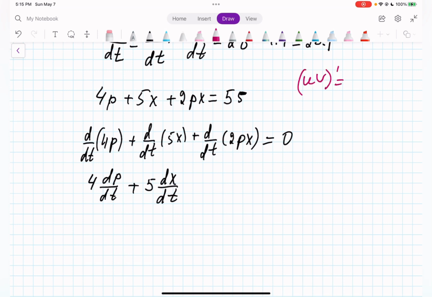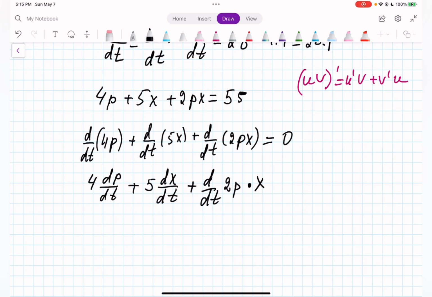Instead of prime, I'm going to use d by dt. So we get plus, I'll take the 2 with it, 2 d by dt of p times x.